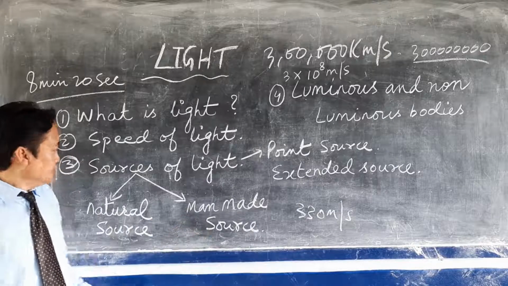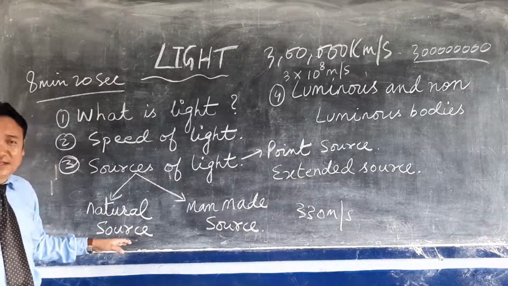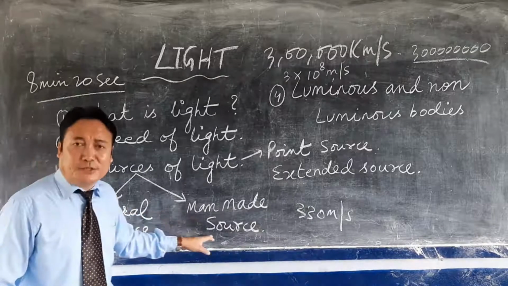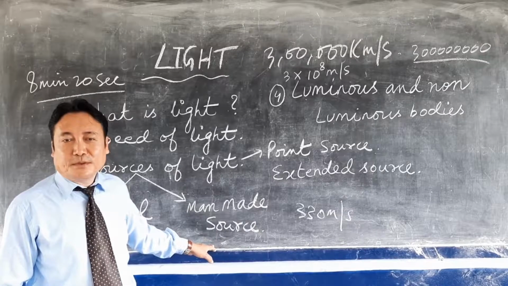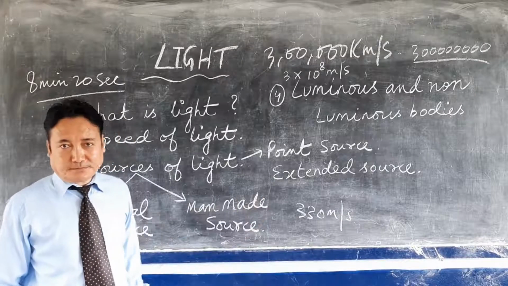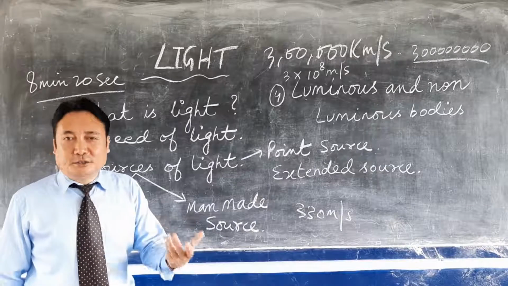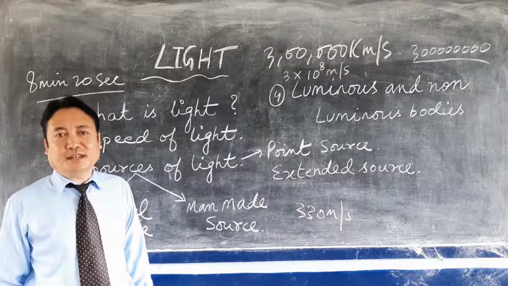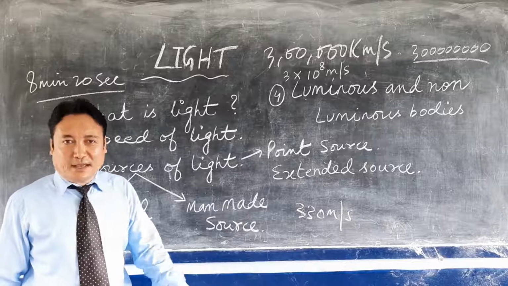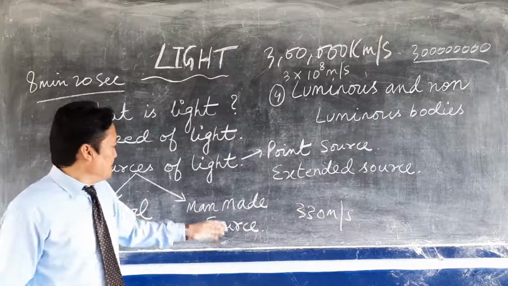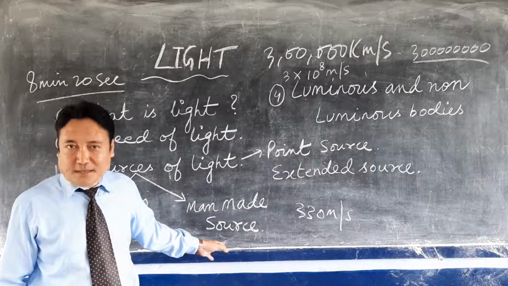So these are the natural sources of light. Artificial or man-made sources of light are those which are made by man, like an electric bulb, fluorescent tube, fluorescent lamp, candle. All these are man-made sources of light.